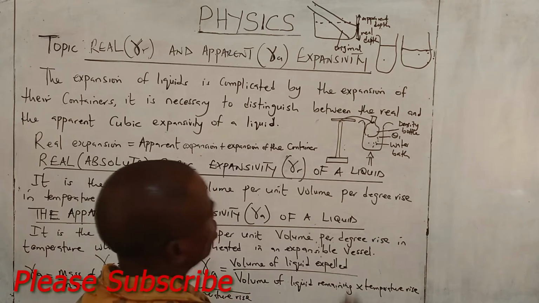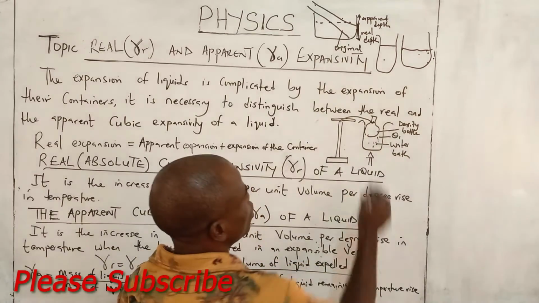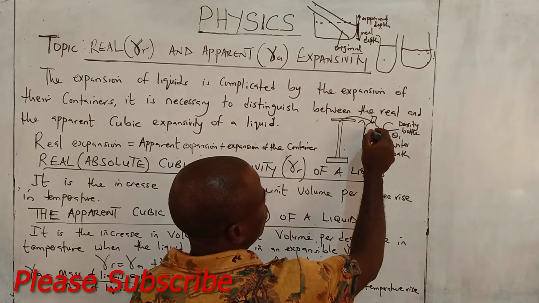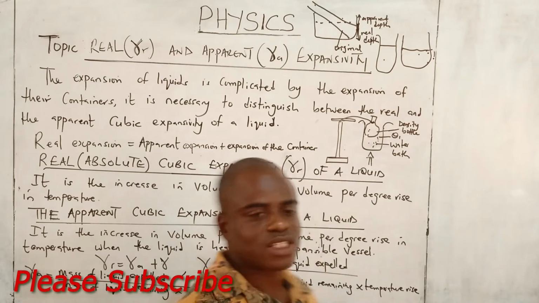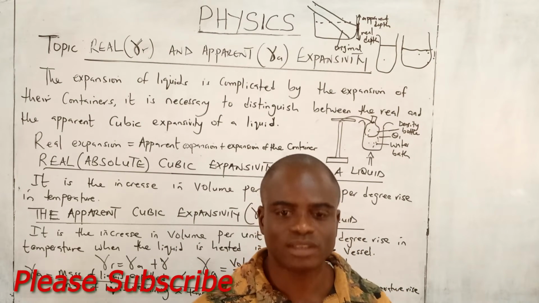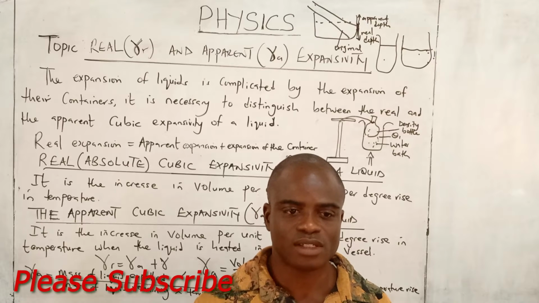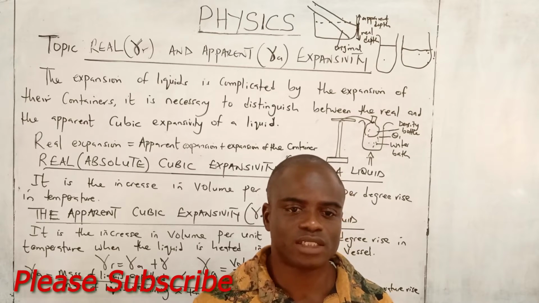Now, for the experiment, you have a relative density bottle. You weigh it with a spring balance when it's empty, when you have not put any liquid inside it.